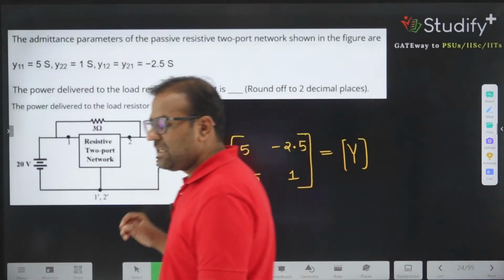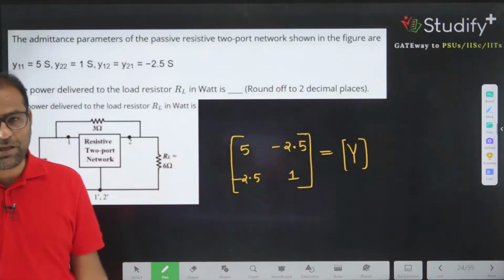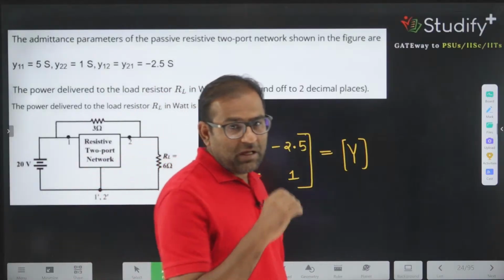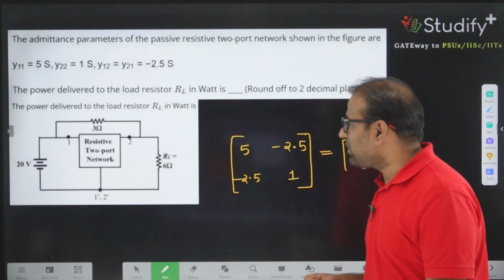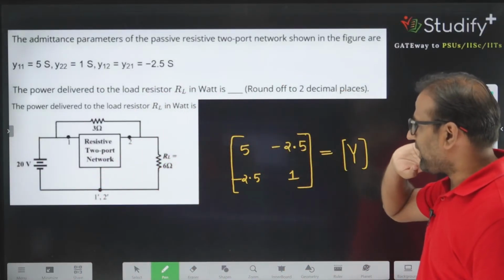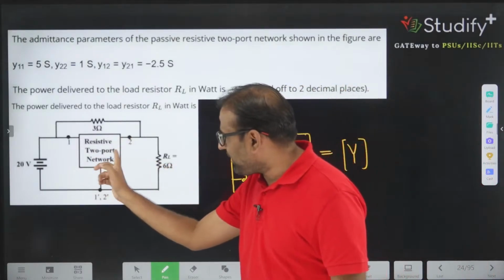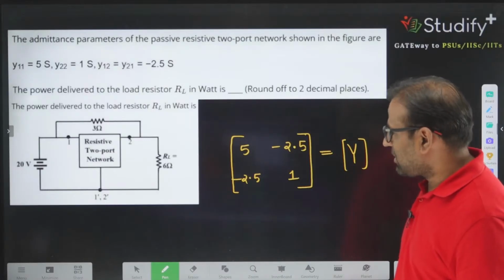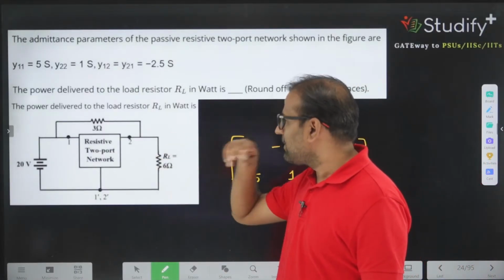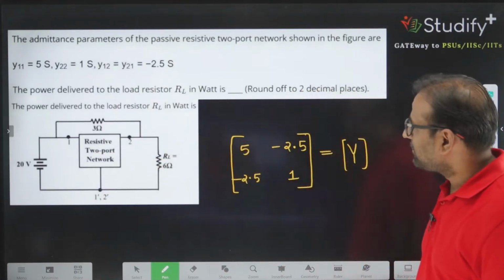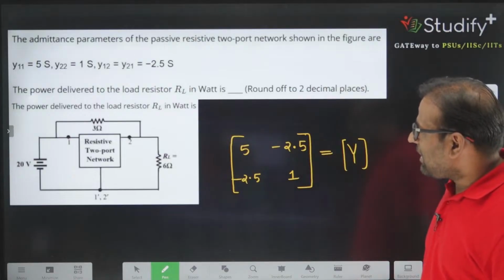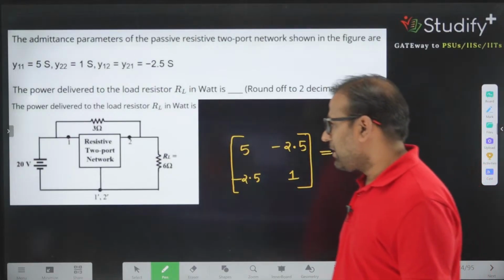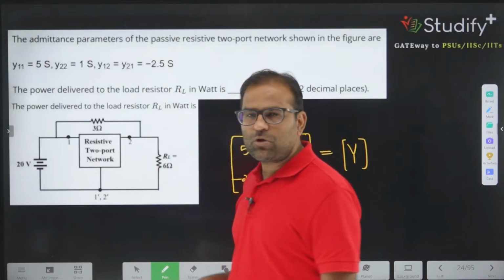This means it is necessarily a reciprocal network. Y11 is given, Y22 is given. So we have written the Y parameters. Now the power delivered to RL in watts, they are talking about this.